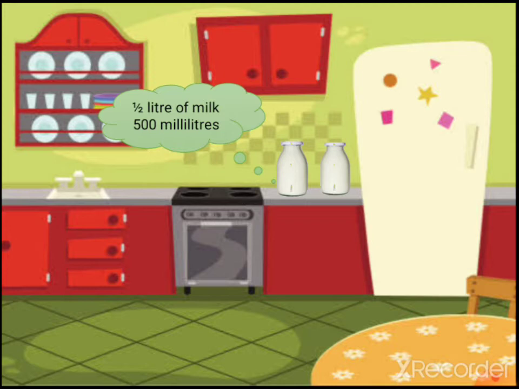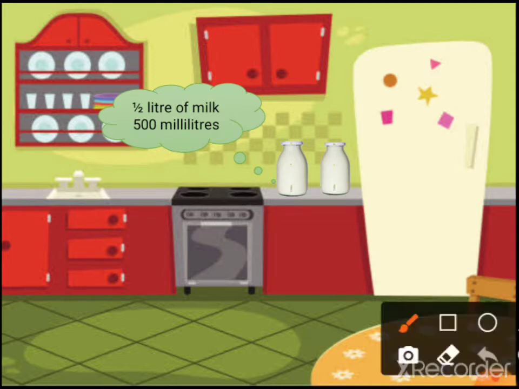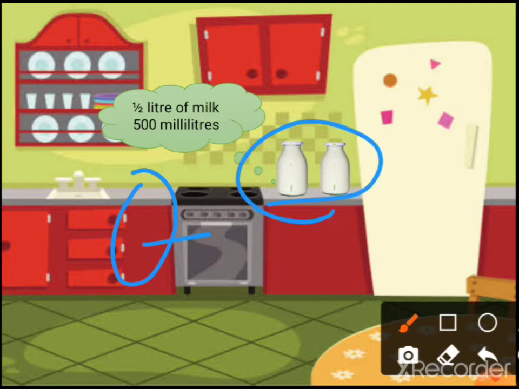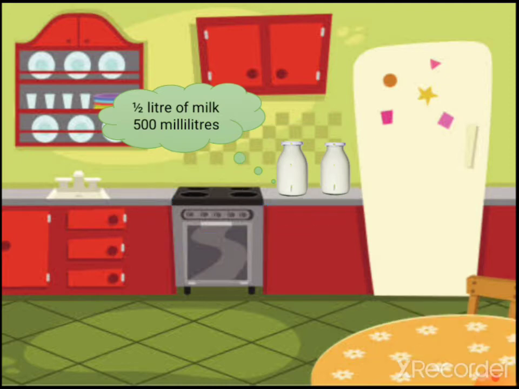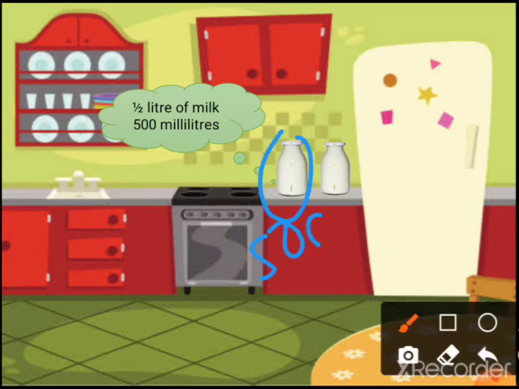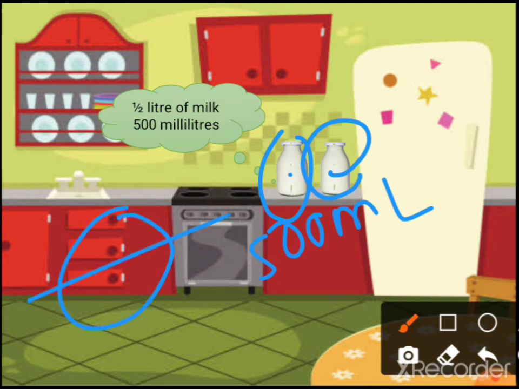From the previous image, you had seen 1 bottle of milk is of 1 liter, but we had divided the half liters of milk in these 2 bottles, meaning each bottle contains 500 milliliter of milk. So we had divided 1 bottle in half.